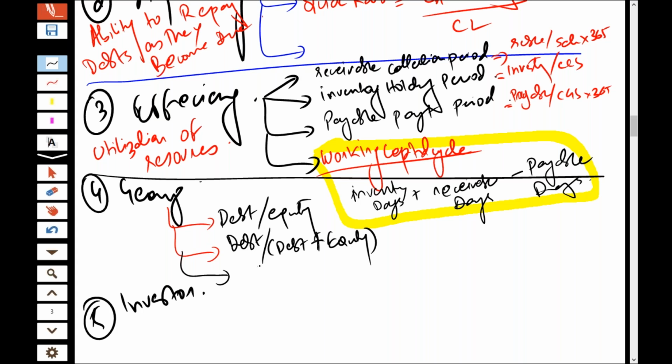And we have a third one, the interest cover ratio, which is calculated like this: PBIT upon interest expense.